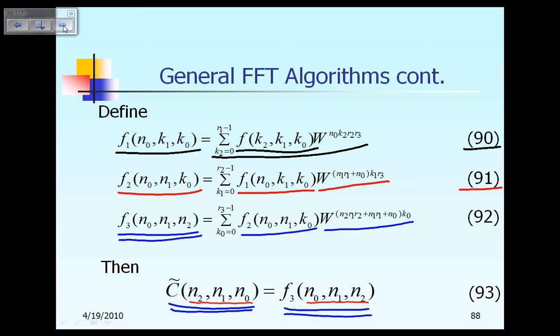That's why after you obtain the vector F3, you have to go through the reverse order, the so-called unscrambling process that I discussed earlier in my previous lecture, in order to obtain the unknown vector C tilde in the right order.